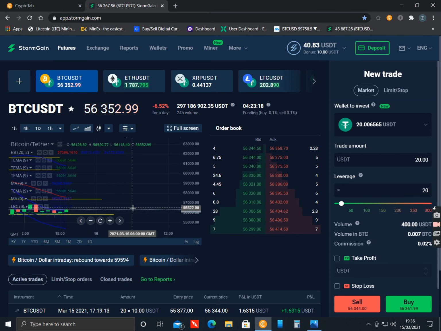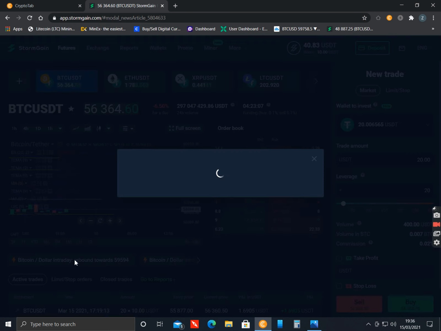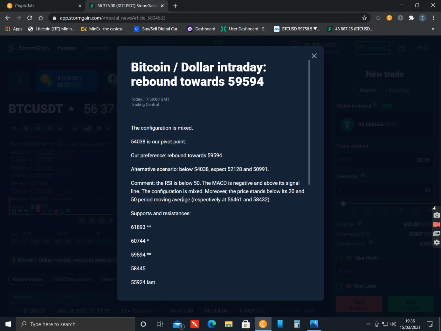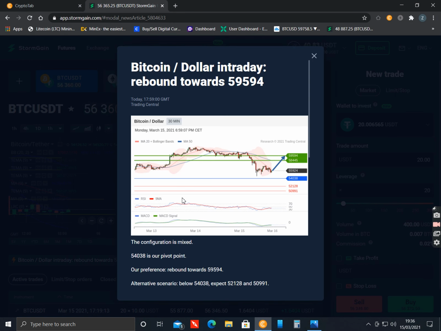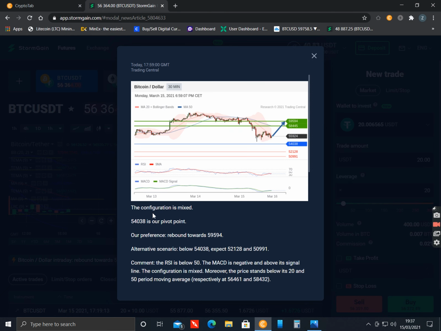They think it might go down, but then if you look at this particular one here, it's like a little article they've brought out. If you click on the newest one, which is this one, they're actually saying that they do think it might go up now and not down. They're saying it's a bit of a mixed picture and it could go either way.